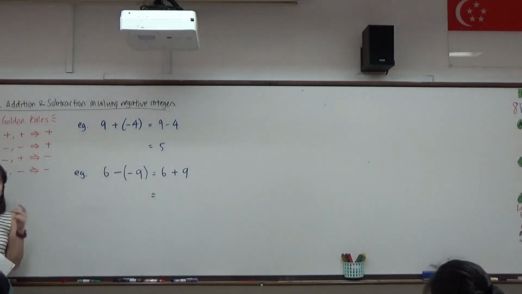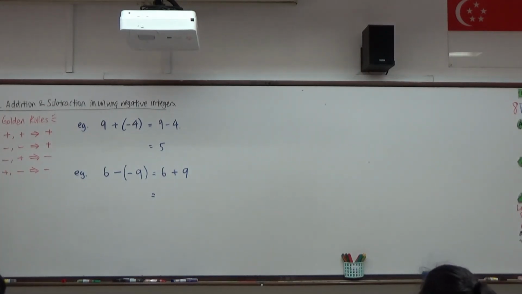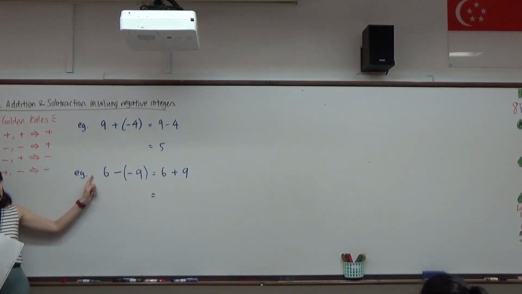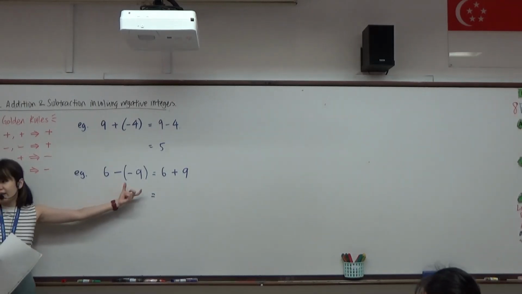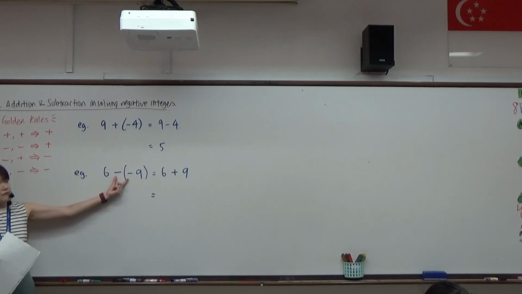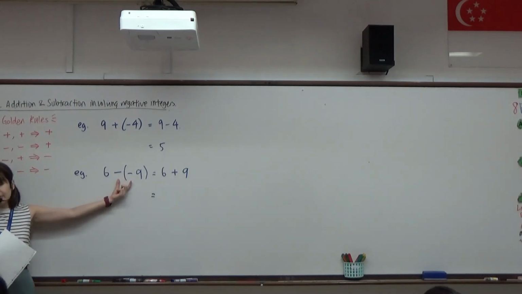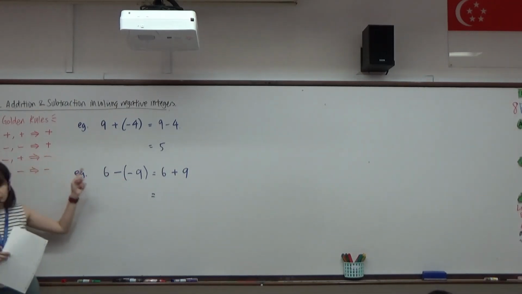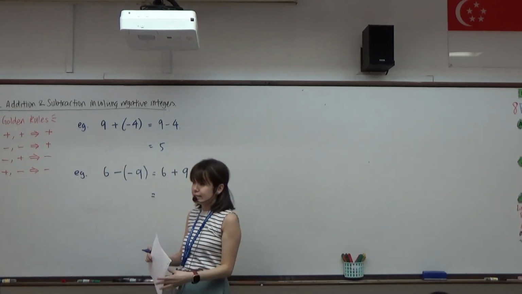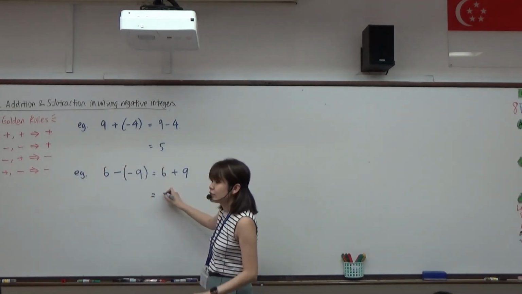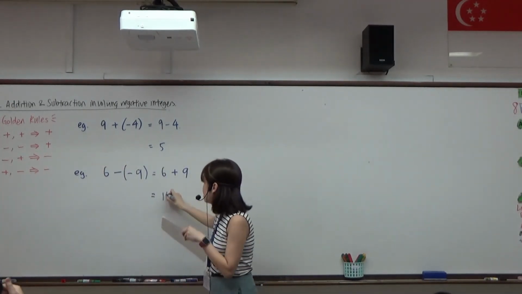I guess maybe the knowledge is growing in your brain such that you're getting heavy. This is not negative 6, it is a positive 6 minus away negative 9. We say that if the operations are side by side, we change it according to the rules, and it becomes a plus. Agree? So the answer should be 15.